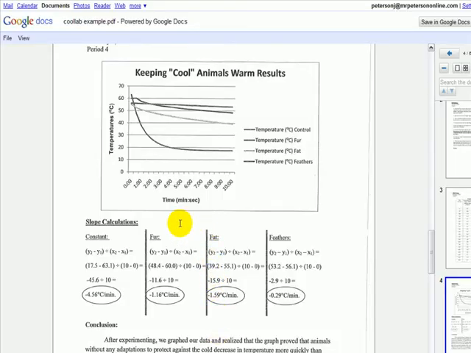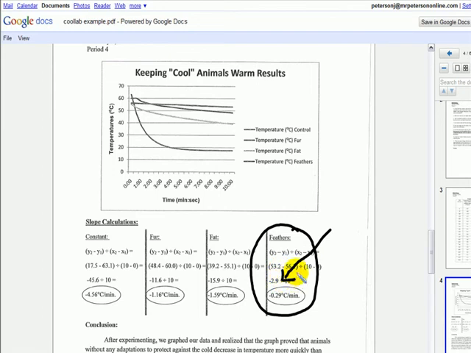So for example, this is the example I have on my web page. You can see here that it becomes real easy for me to see that the feathers right here had the smallest cooling rate or had the best insulation.